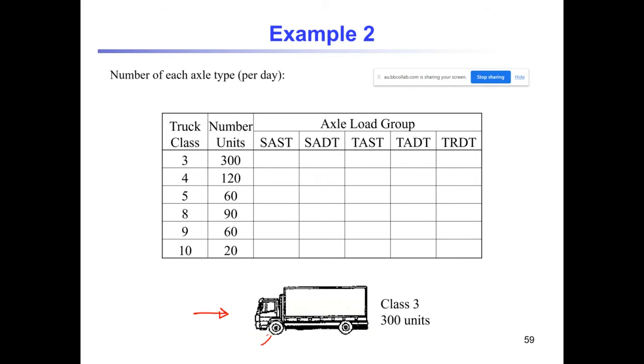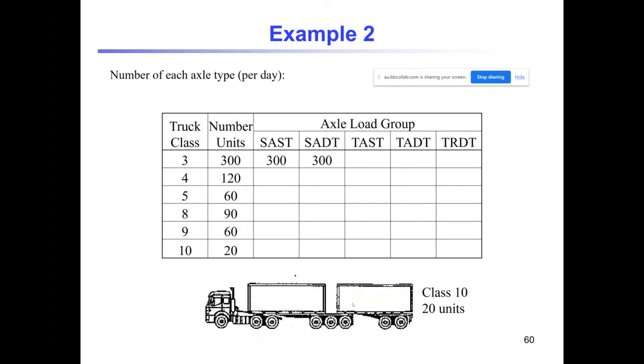The first axle here is a single axle, single tire, the front axle. So we have 300 single axle, single tire for this class. And also for class 3, we have 300 single axle dual tire. So we write it 300 and 300.